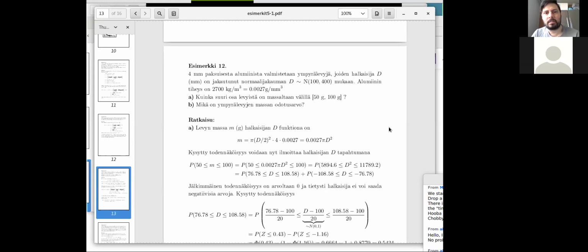So 1 cubic millimeter weighs 0.0027 grams. That's 1 kilogram divided by 10 to the 9.